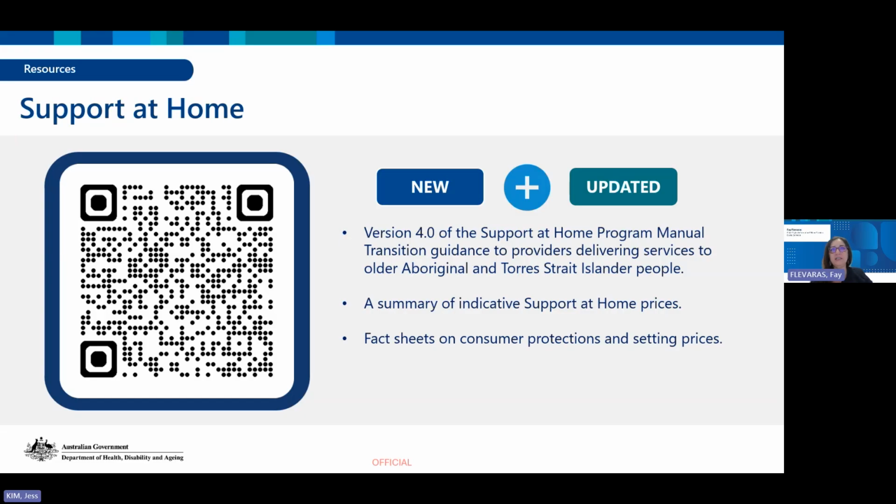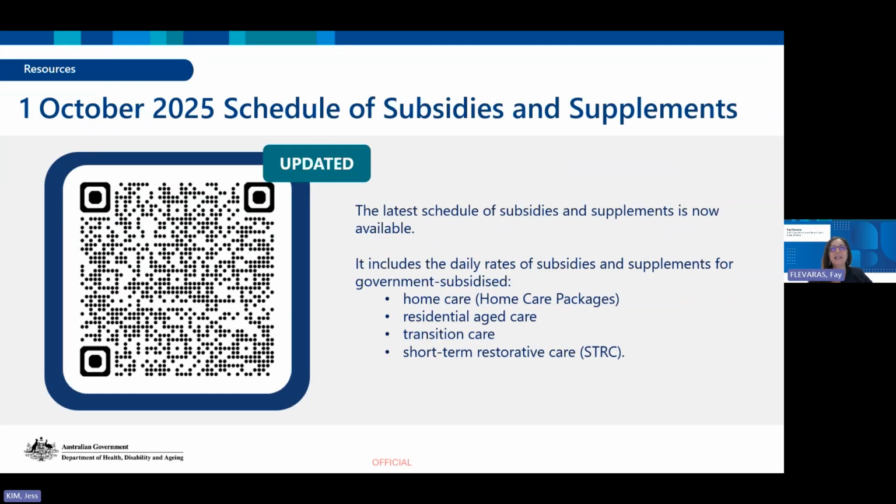There's a summary of indicative Support at Home prices, and there's also a fact sheet on that one as well. And then last but not least, for our resources, the latest schedule of subsidies and supplements is now available. And it includes the daily rates of subsidies around those 4 categories that you can see there. So yeah, watch this space as we continue to send more information.